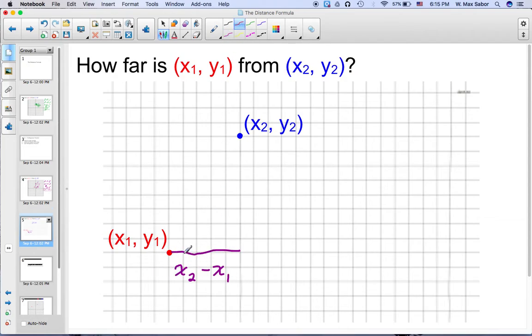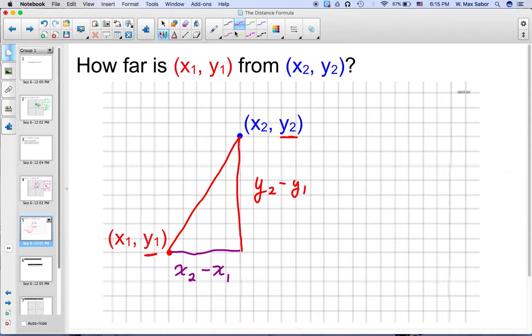That's what we talked about before, that traveling from left to right was just taking the x-coordinates and subtracting them. This distance is about changing y. Here, y is how high up it is. So if we subtract the y-coordinates, y2 minus y1, then we get these lengths.